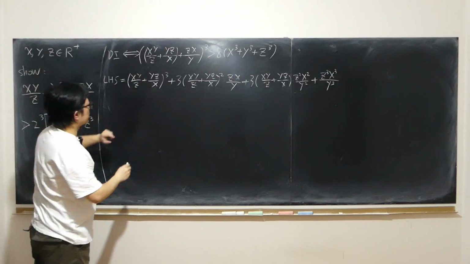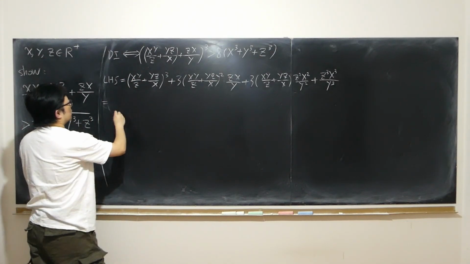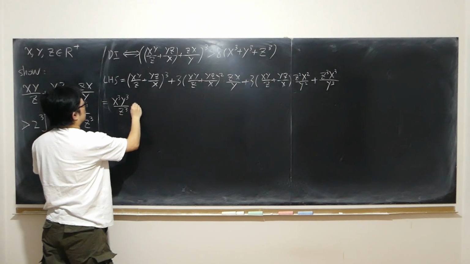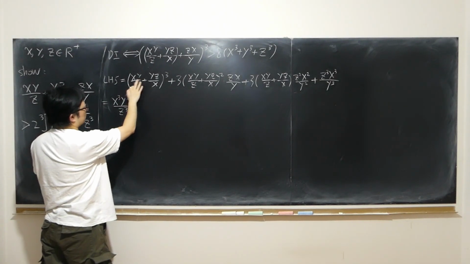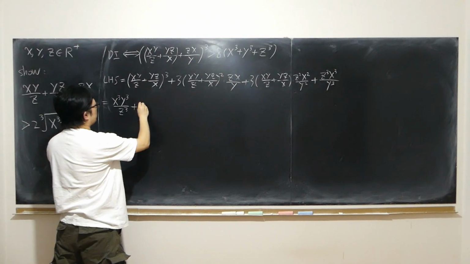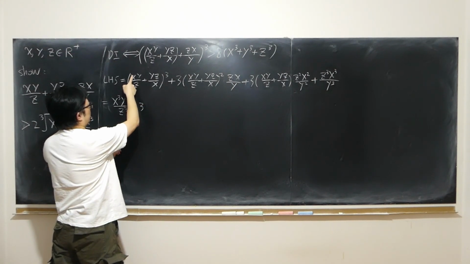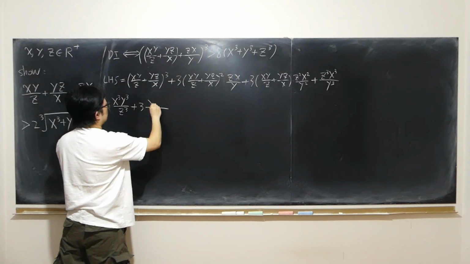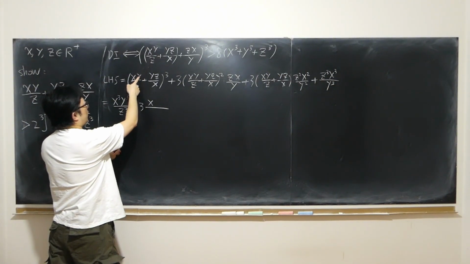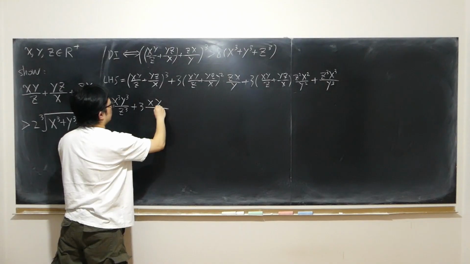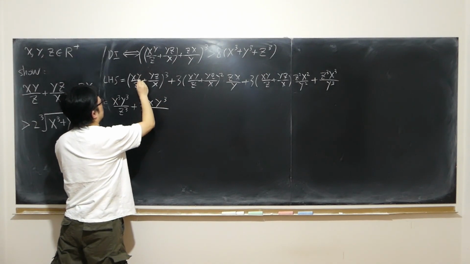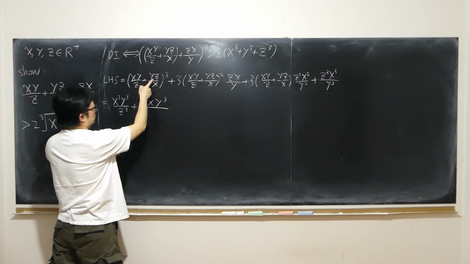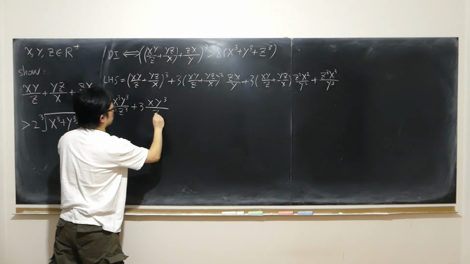Again, applying binomial expansion, that is equal to x cubed y cubed over z cubed plus 3 times this square times this. We can simplify right now. 3 times this square, x squared, cancels and simplifies with this x, so you only have one x at the top. And when you square y, and here is one y, so y cubed. And remember, you cube z, but simplify with this z, so we only have one z at the bottom.